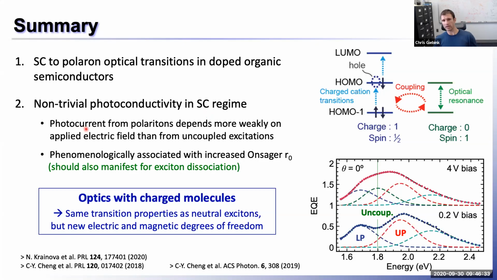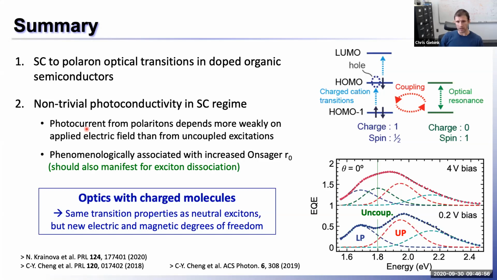Essentially, the photocurrent from polaritons depends more weakly on the applied electric field than when you excite uncoupled excitations in the same cavity. And we phenomenologically associate that with increased Onsager thermalization lengths, which I'll note should also manifest for exciton dissociation in a neutral system.